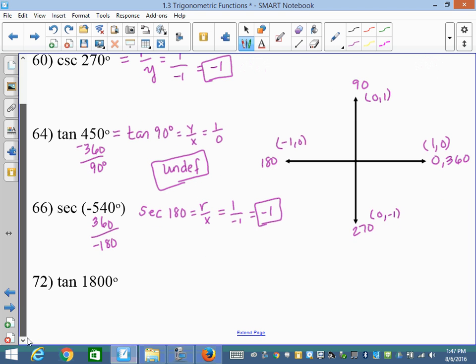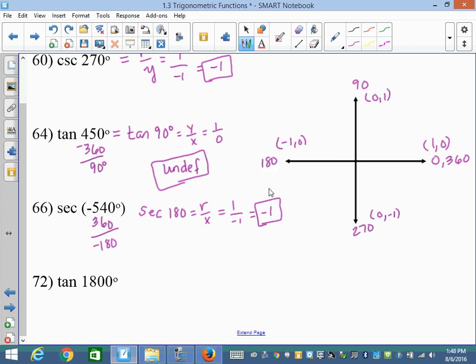And then tangent of 1800. Be careful here. I'm going to have people going, oh, this is just going to be the tangent of 180. No, it's not. What you have here is 180 ten times.